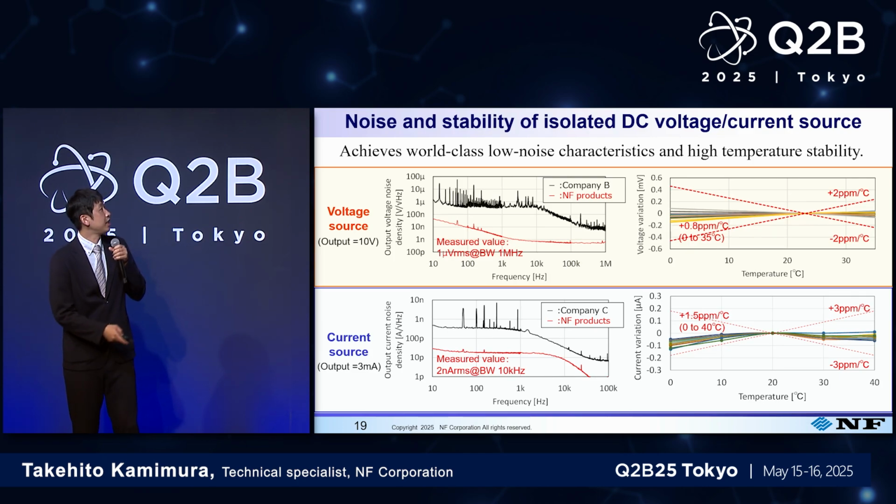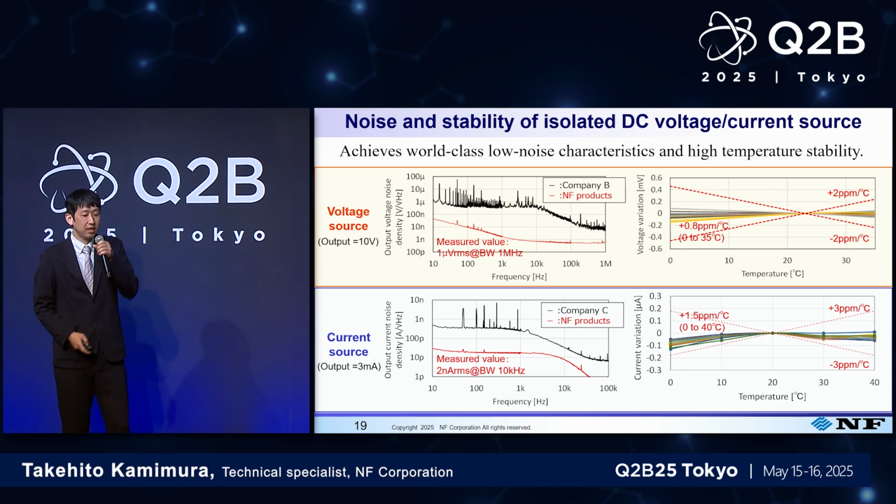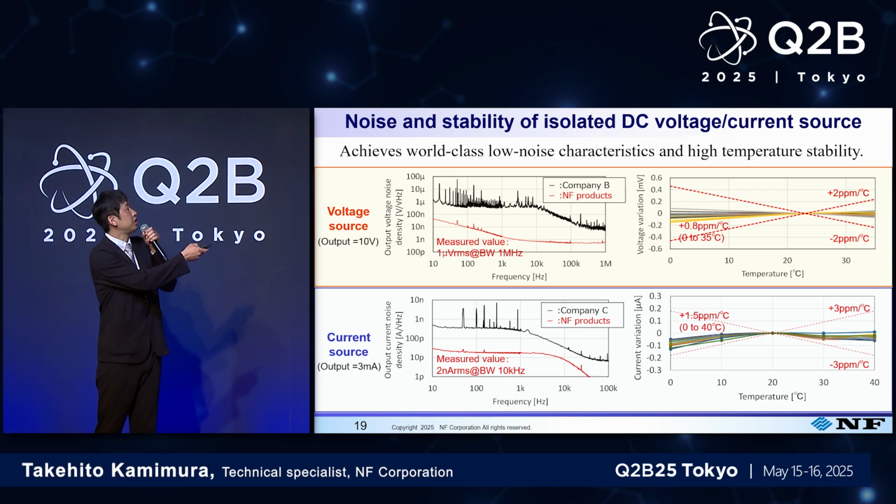And you see the specification, the performance, here on the left side. You see the noise level of the bias source. The horizontal axis shows the frequency, and the vertical axis shows the noise density of the output voltage.